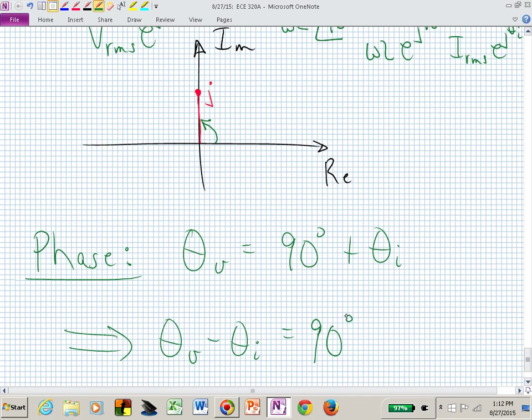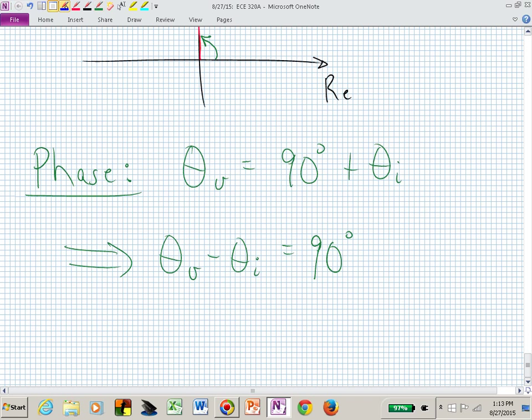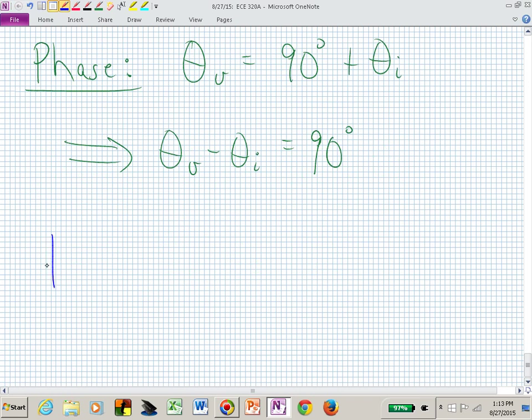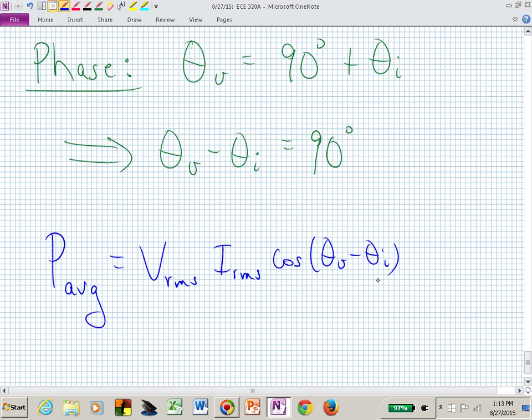If we subtract theta sub I from both sides, we end up with the expression that we need, theta sub V minus theta sub I, and that's equal to 90 degrees.